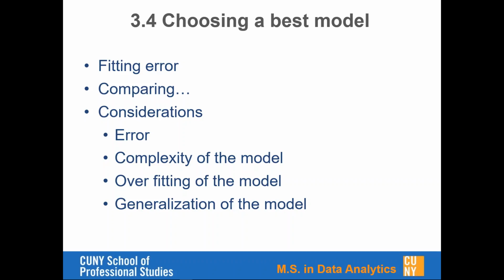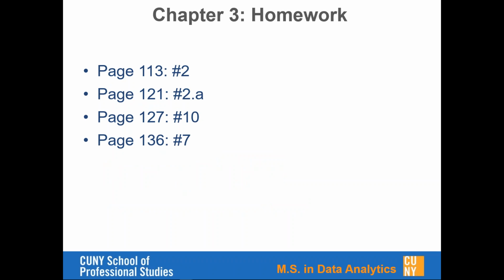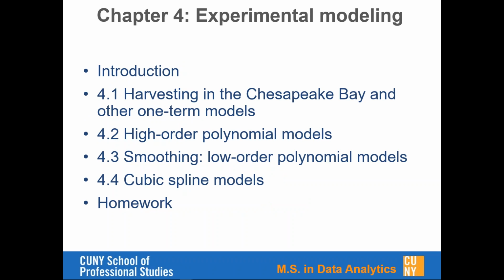In other words, it's a consideration of all these aspects, not necessarily the smallest error would be the best model, and not necessarily the most complex model would be the best model. On the other hand, the majority of the time, we would rather say that the most simple and effective model would be the best model. So that was the homework for last week.